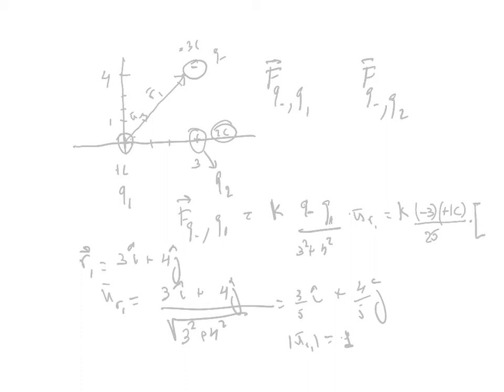And the unitary vector I found is 3/5 i plus 4/5 j. So this is F acting on Q minus due to Q1.